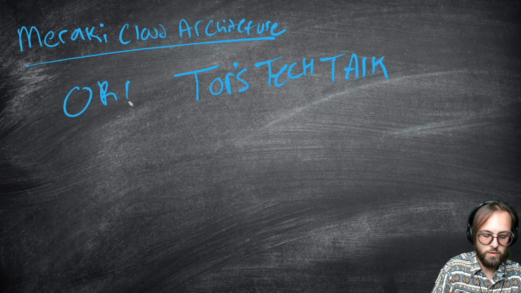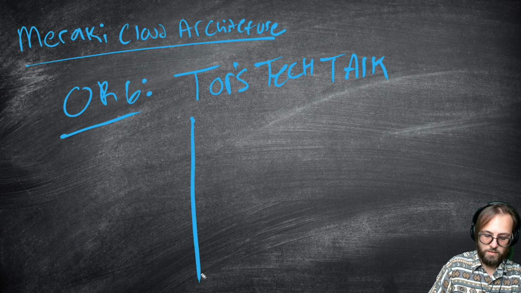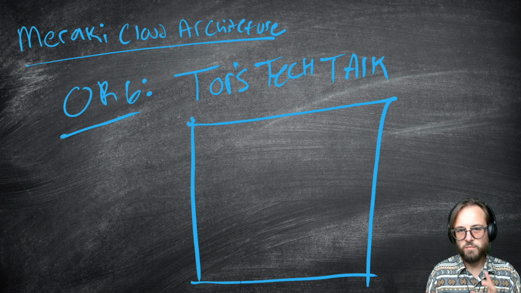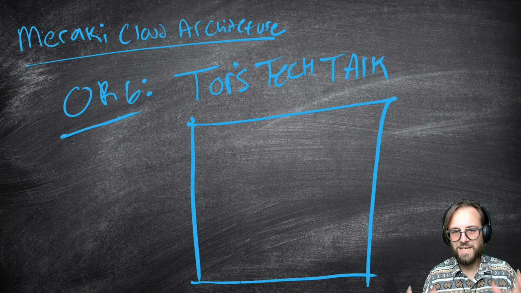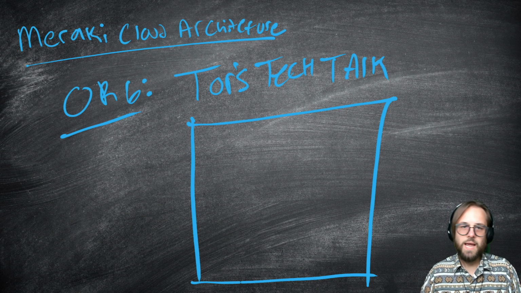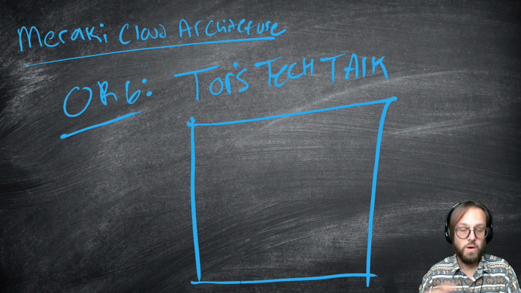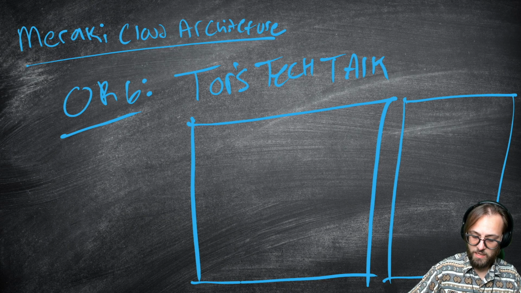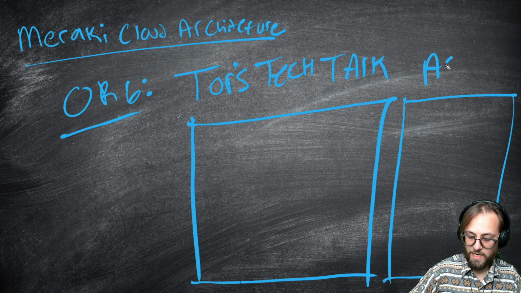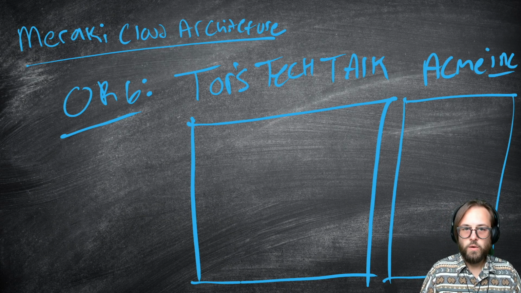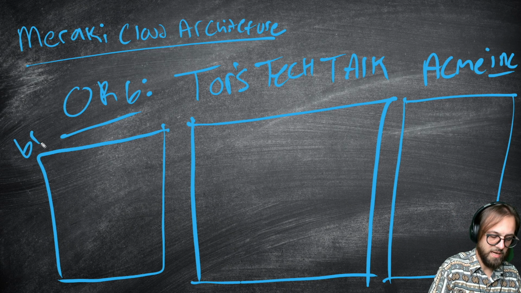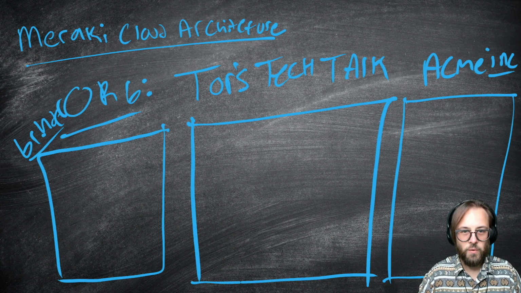It's my org, Tours Tech Talk, and that is a standalone organization within the Meraki Cloud that does not have any access to other organizations. Another organization might be, let's just say, Acme Inc. Maybe we've got another one. This will be Blinders. Separate organizations.